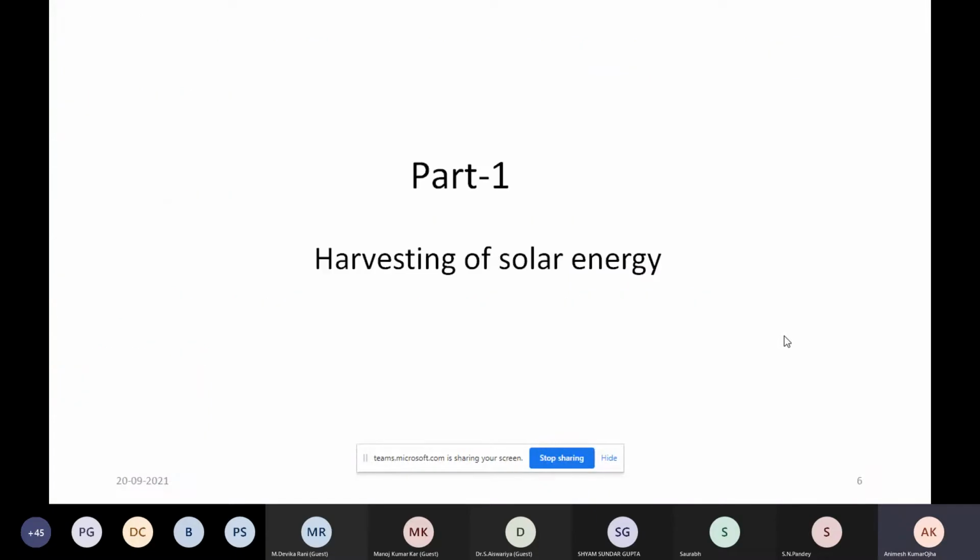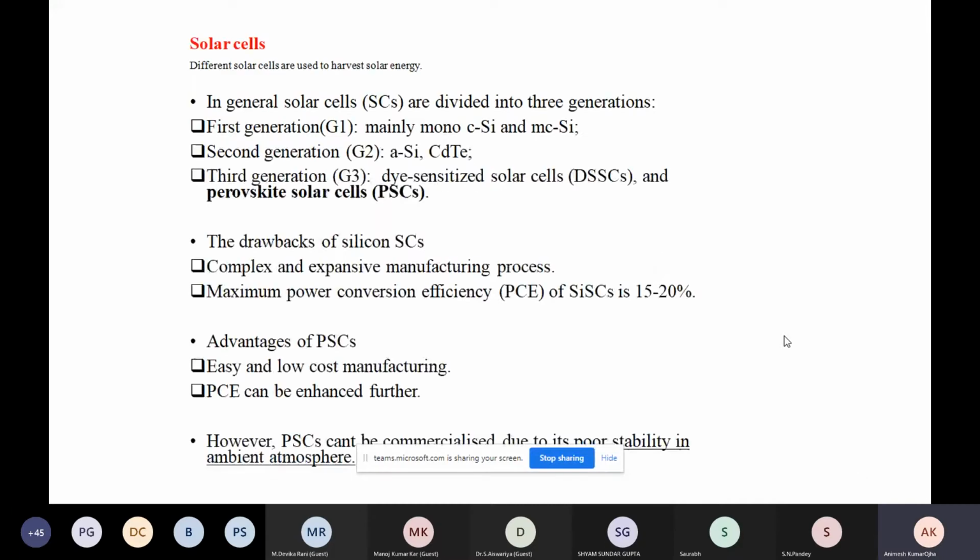So this is part one, that is harvesting of solar energy. In order to harvest the solar energy, solar cells are designed, and it is not new. Everybody knows that solar cells already exist in the market, but these solar cells are divided into several categories.